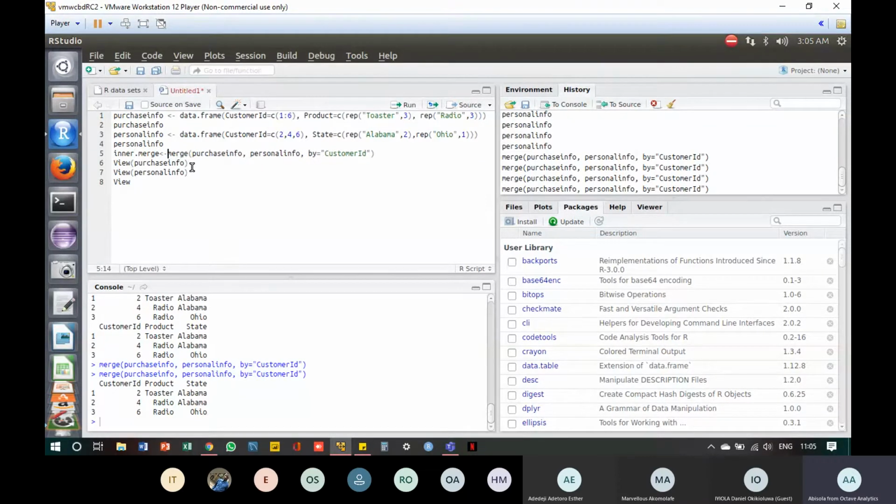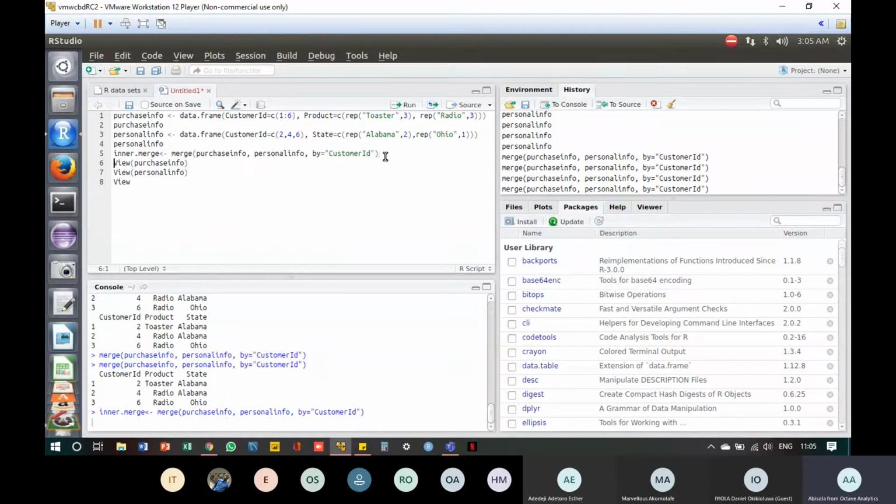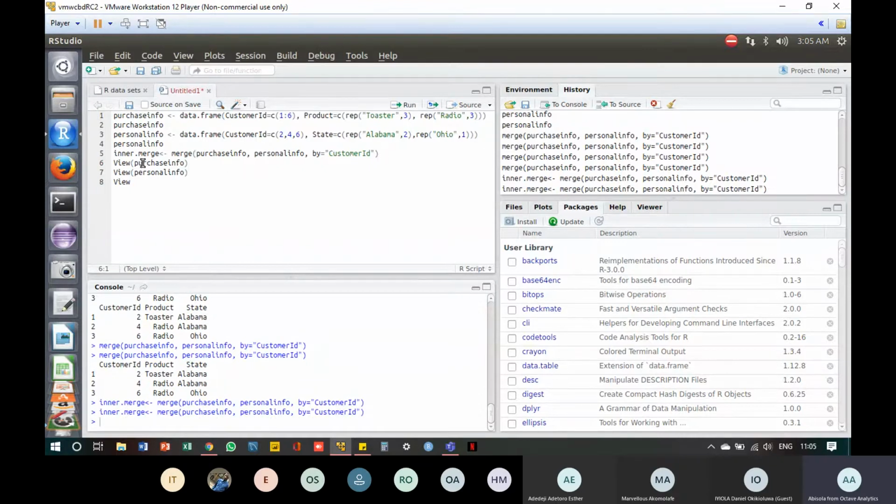I want to pass this to a variable so that I'll be able to call it, and I'm going to rerun this so that it will store it into inner merge. So Control Enter, I rerun that. So I want to be able to view inner merge.